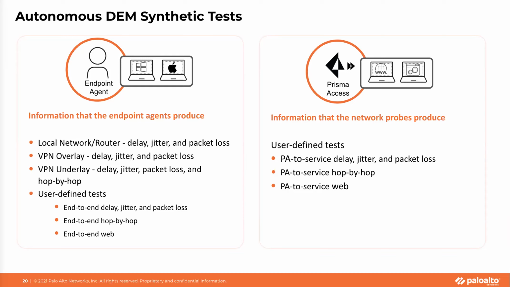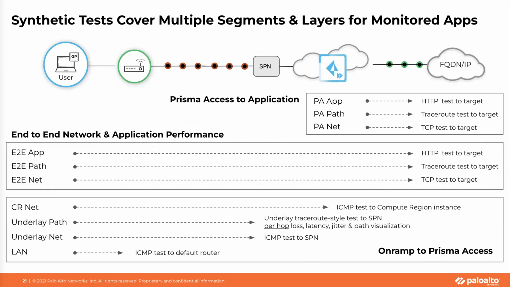And the information that network probes will produce as per the user-defined tests: Prisma Access to service delay, jitter, packet loss, hop by hop, and service web. These synthetic tests cover multiple segments and layers of the monitored apps.